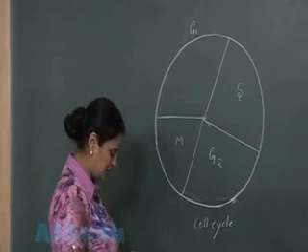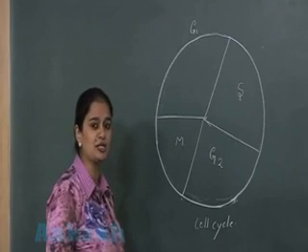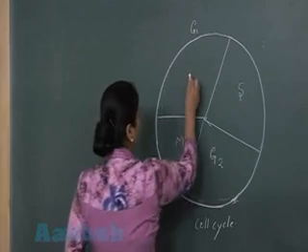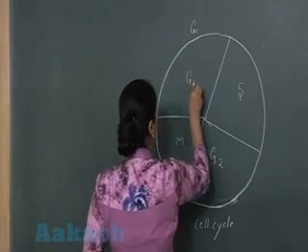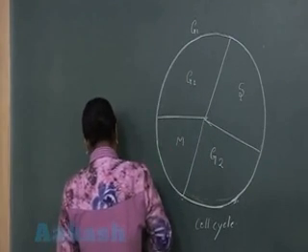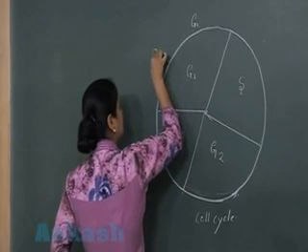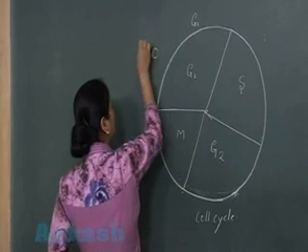Now in the G1 phase there is formation of protein, that is G1 cyclin. So let's say this is G1 cyclin protein.